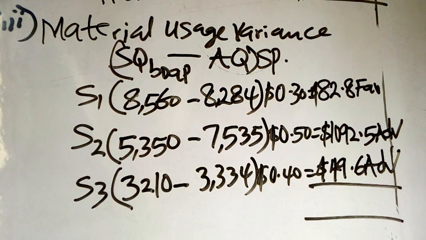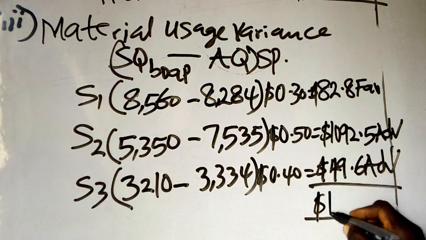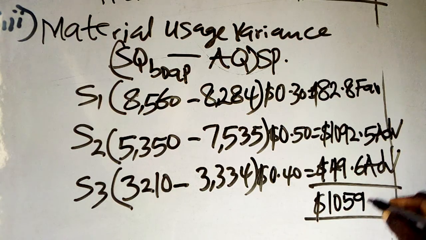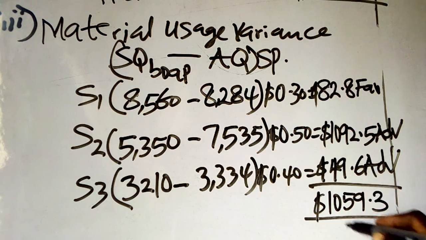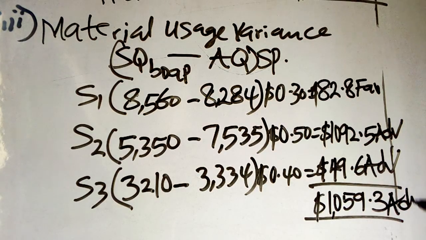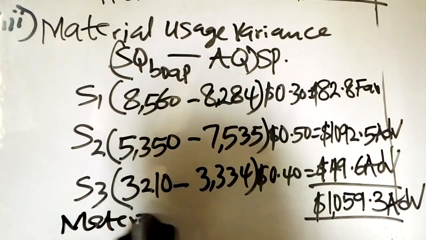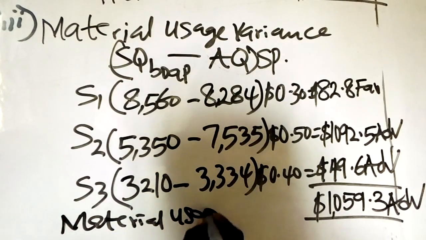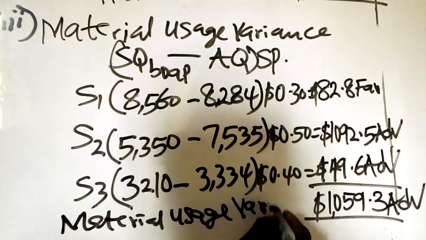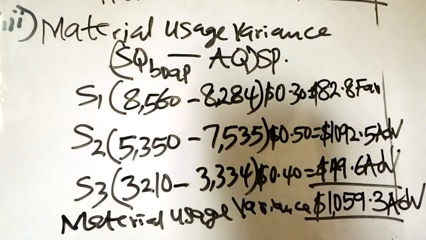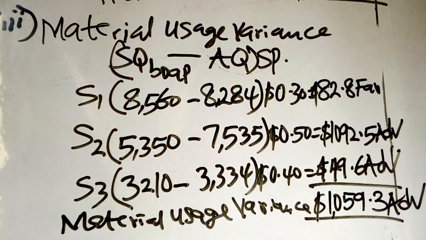Then you have 1,059.3 adverse, because adverse exceeds favorable. That is the material usage variance. Then I want to present the summary of this to confirm the correctness of our workings.